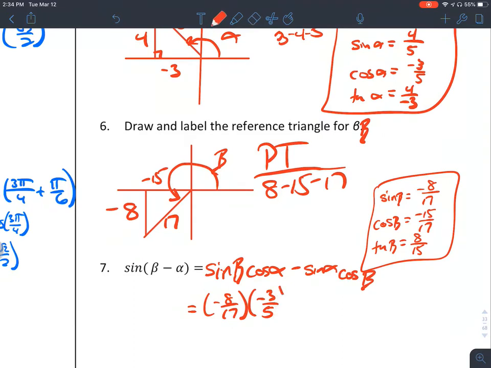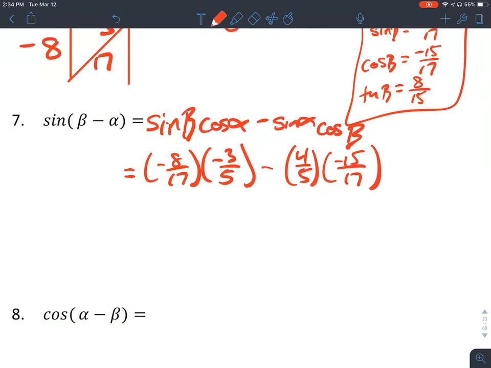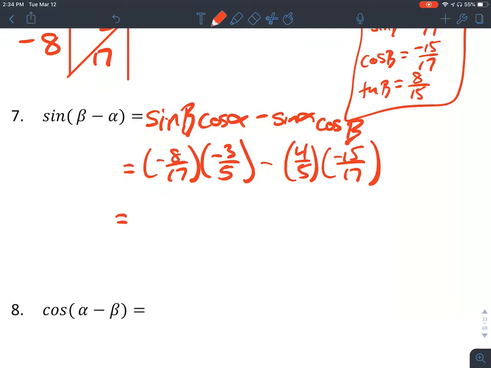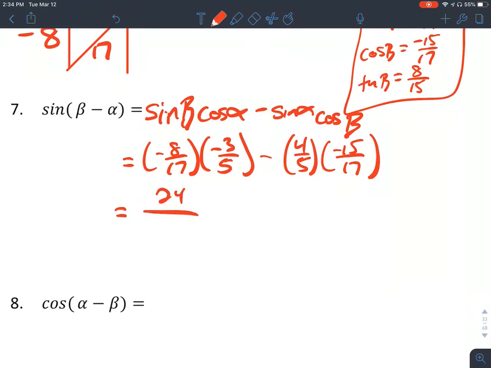And then we're supposed to subtract from that sine of alpha, that's 4/5, and then cosine of beta, that's -15/17. Now it's as simple as simplifying. -8 times -3 is 24. 17 times 5 is 85.